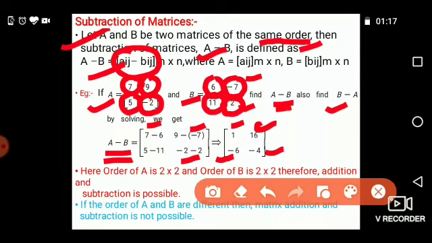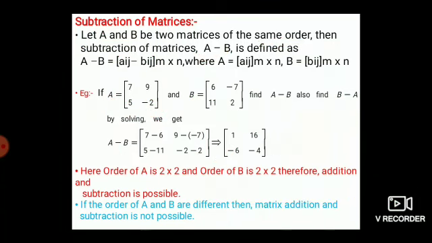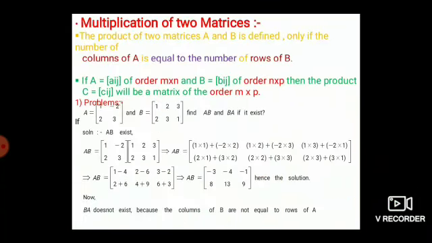Therefore, the matrix A minus B is equal to 1, 16, minus 6, minus 4. Dear students, you can try B minus A at home. Therefore, if both the matrices A and B are of the same order, then addition and subtraction are possible. If the orders of A and B are different, addition and subtraction do not exist.